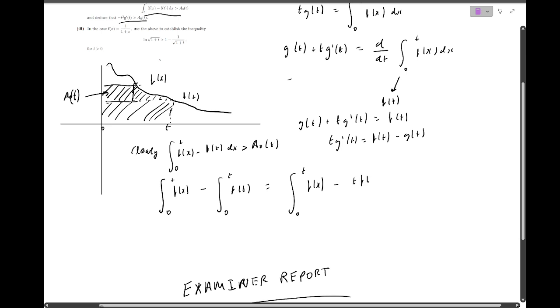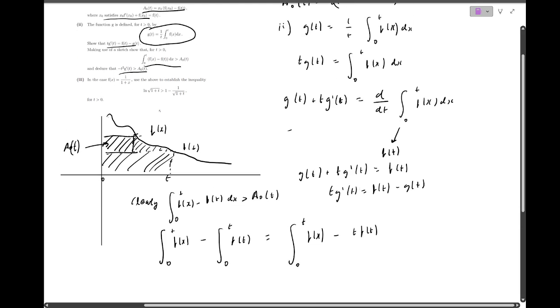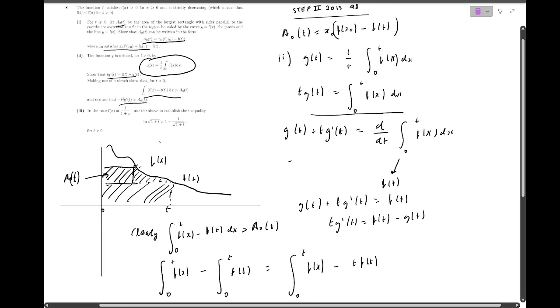We know that the integral from 0 to t of f of x is equal to t times g of t from here.